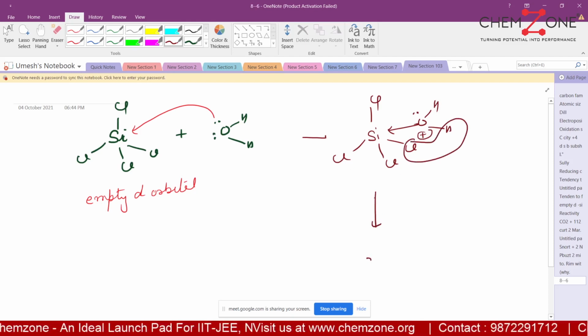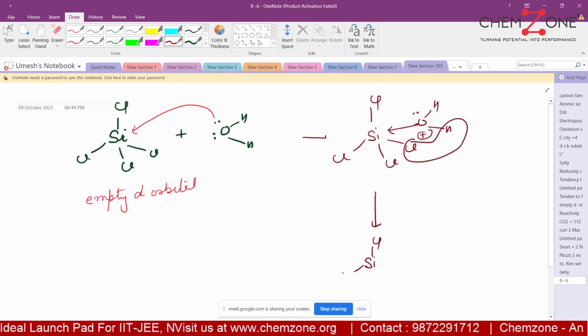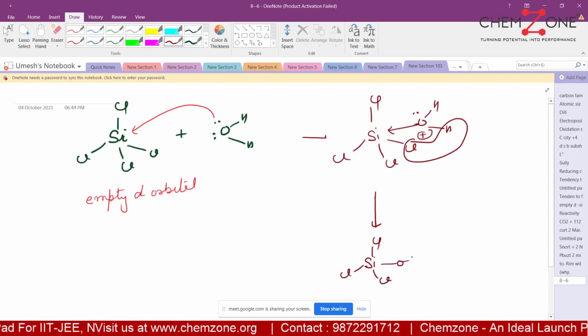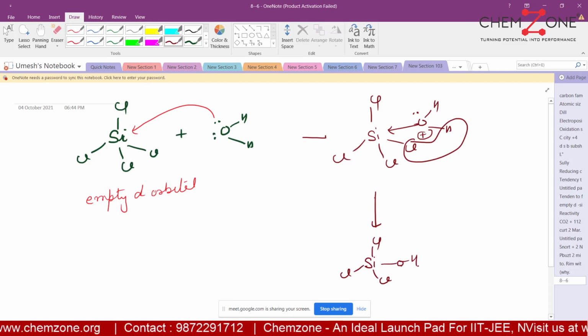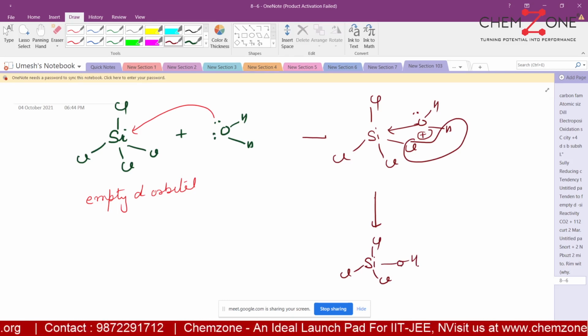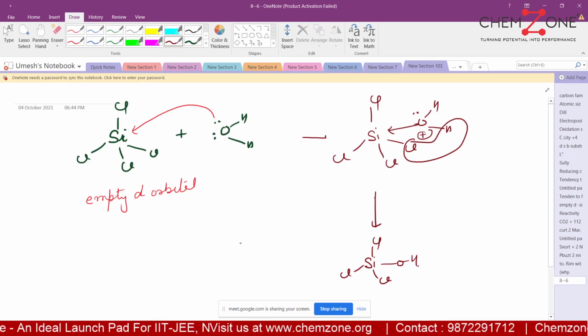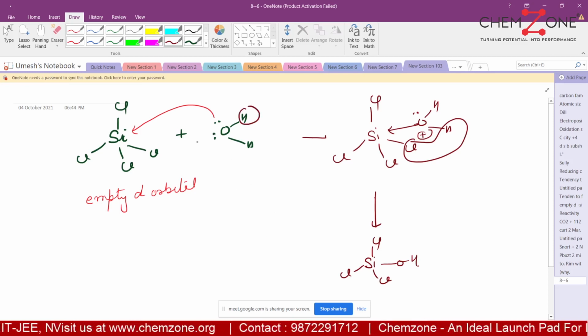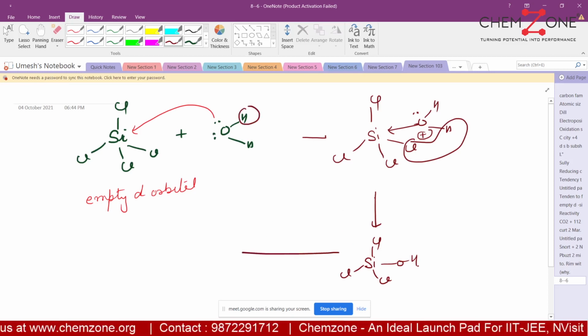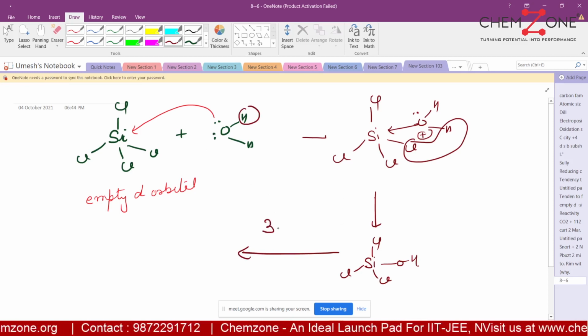HCl is formed and water goes out. Hydrolysis means breaking of the water: H goes with the Cl and OH combines here. This takes place three times more.